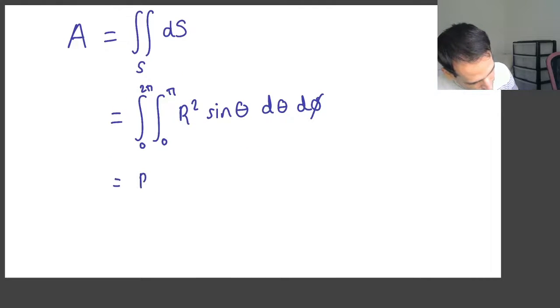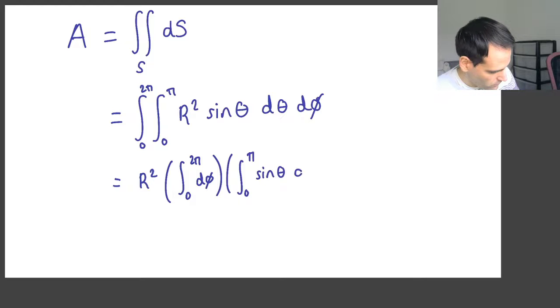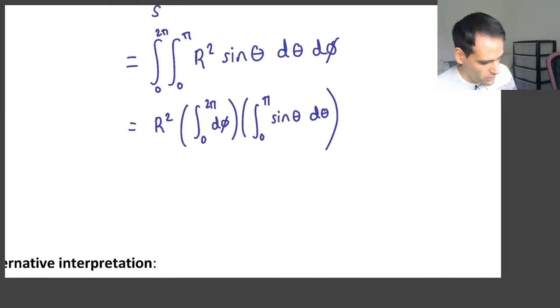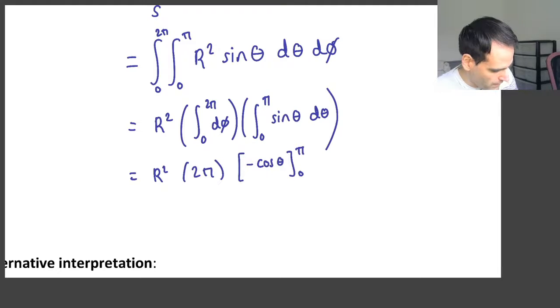We can bring r squared outside because it's a constant. We can do separation of integrals, 0 to 2 pi of d phi, and then 0 to pi of sine theta d theta. So this is equal to r squared times 2 pi times, this will be minus cosine theta defined between 0 and pi.